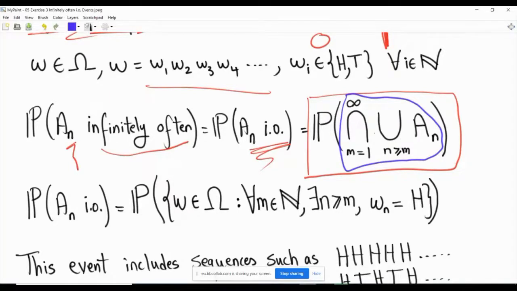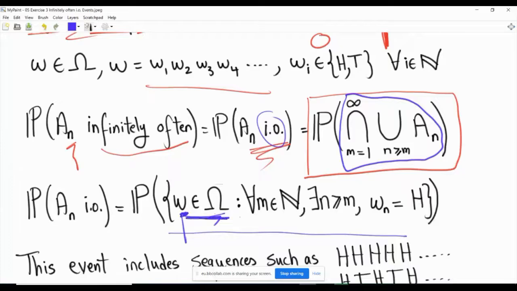This is the explanation. In this event, we are talking about elements in big omega, and each element in big omega is an infinite sequence of H and T. So we are talking about the probability of a subset of big omega. What is this subset we refer to when I say having a head infinitely often?